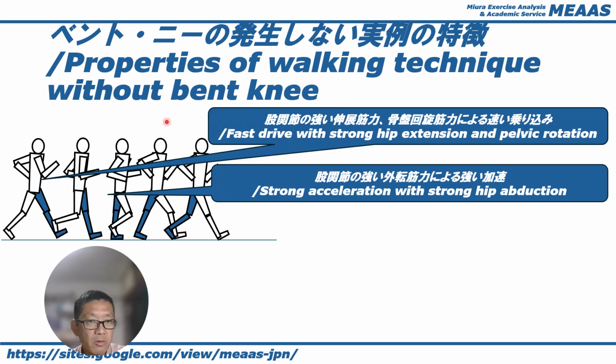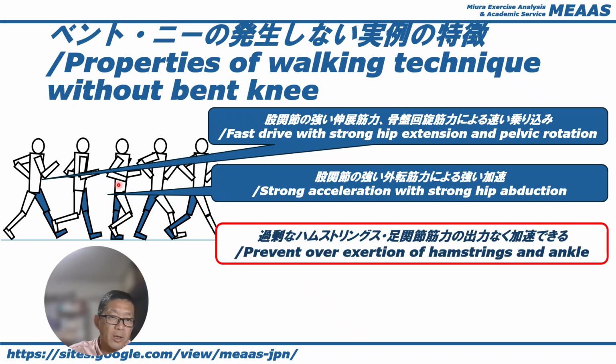In the correct technique, walkers walk with a fast drive, with strong hip extension and pelvic rotation, and strong acceleration with the strong hip abduction. This property also contains another property: they can prevent overextension of hamstrings and ankle muscles.